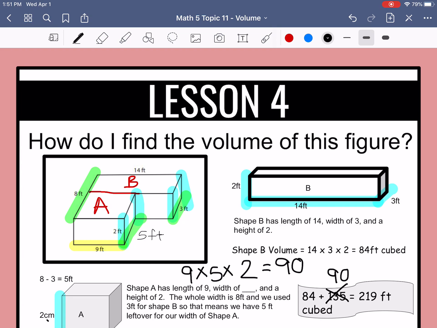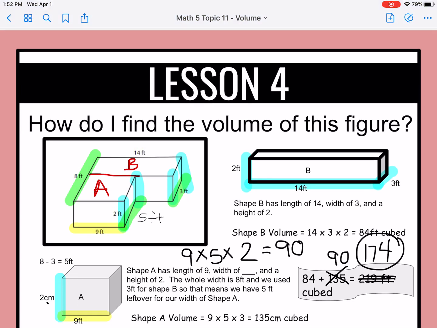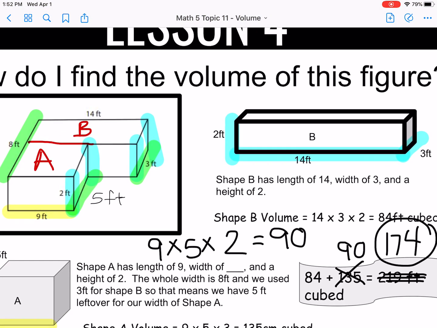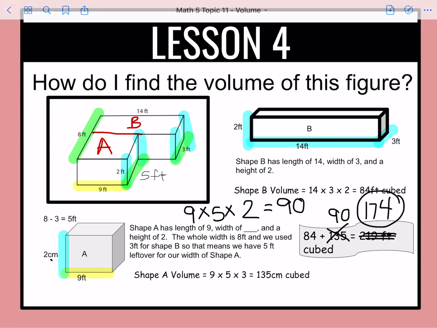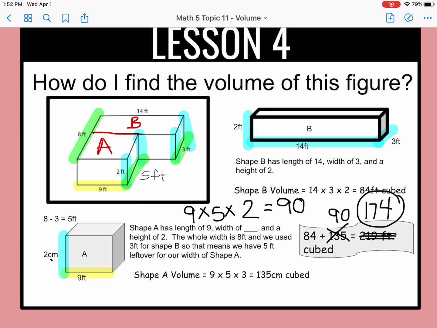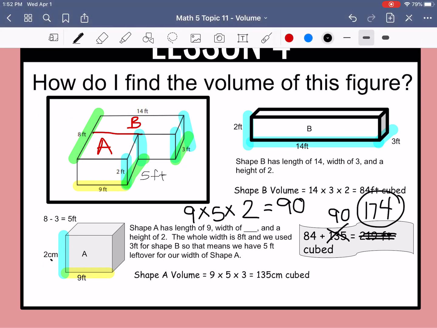Now, what is 84 plus 90? Well, I know there's a 4. And then 8 plus 9 is 17. So 174 should be the answer there. 174 cubed. Okay, so I had the wrong number right here. This one is not correct. So let's put an X over that, and this should have been a 2.